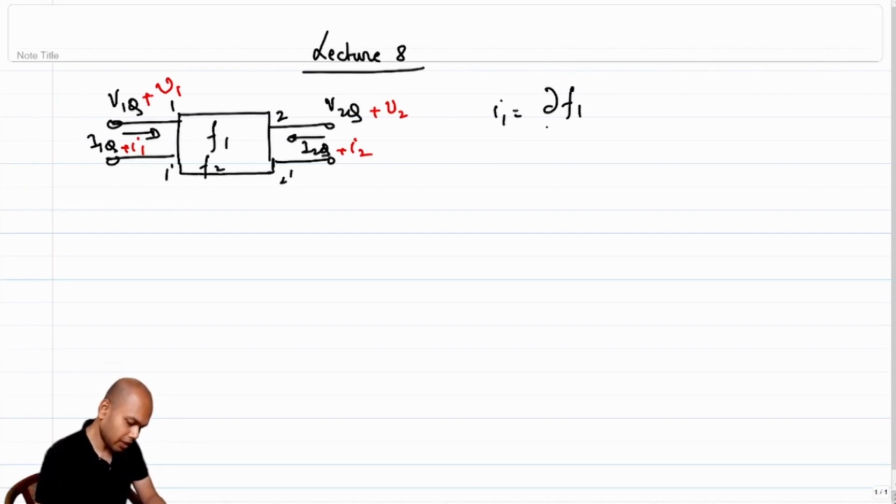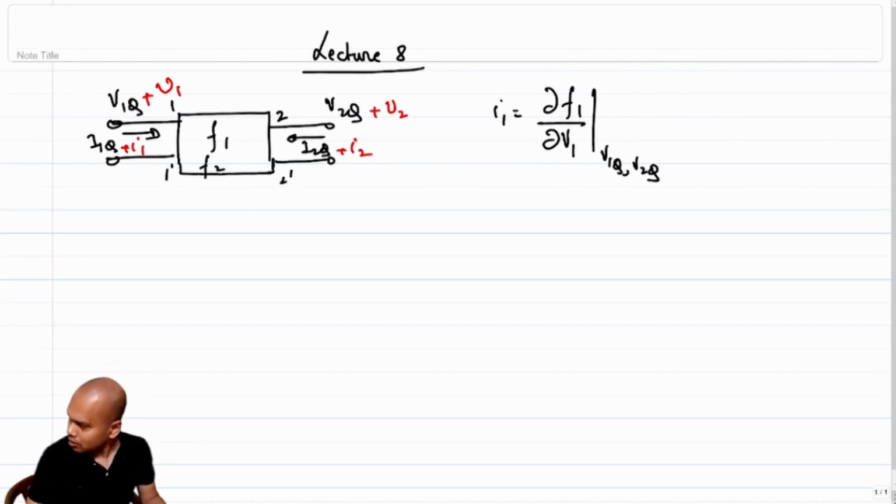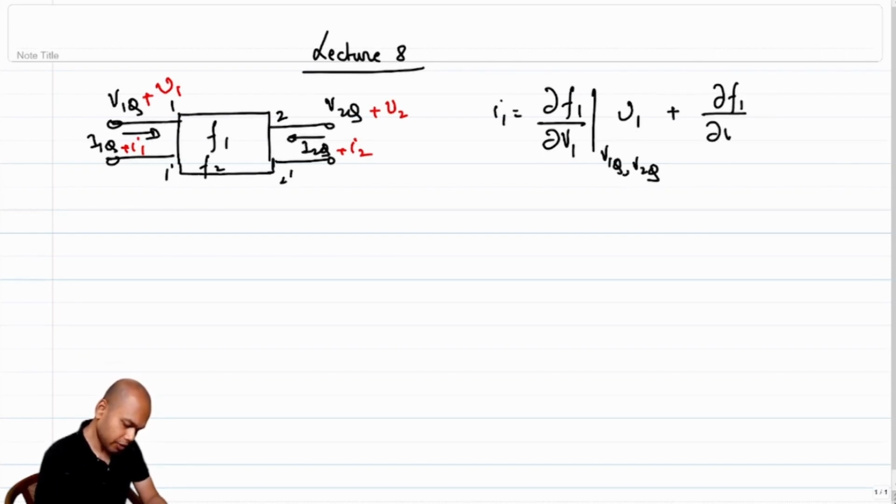So this becomes del F1 del V1 around operating point V1Q, V2Q, times V1, plus del F1 del V2 around operating point V1Q, V2Q times V2, right?